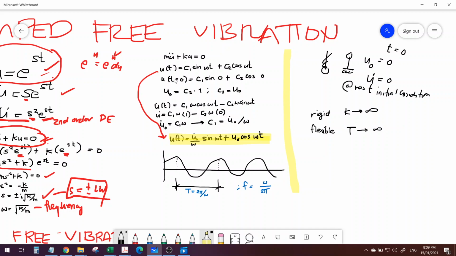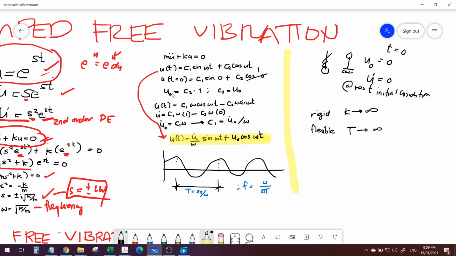Plug in u at time equals 0: C1 sine omega times 0, so sine 0, plus C2 cosine omega times 0, so cosine 0. Cosine 0 is simply 1, and sine 0 is 0.